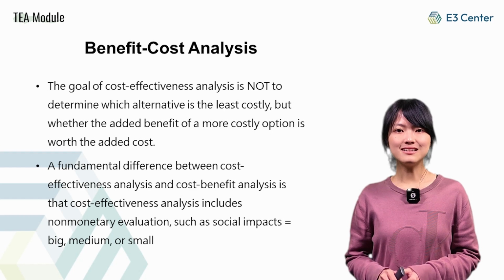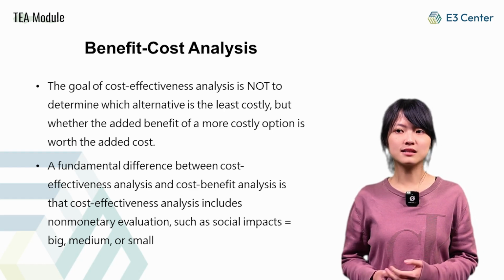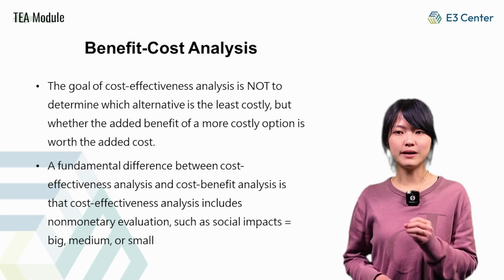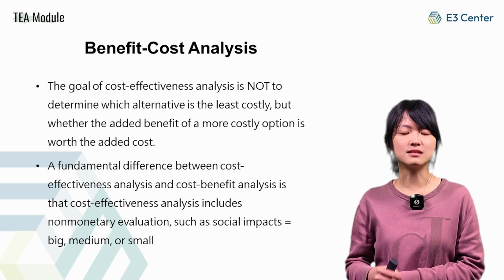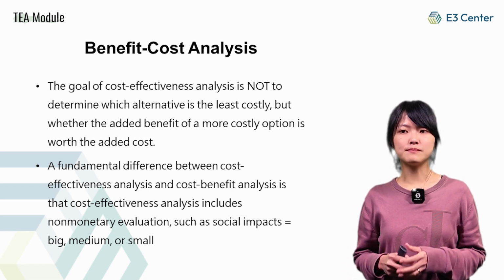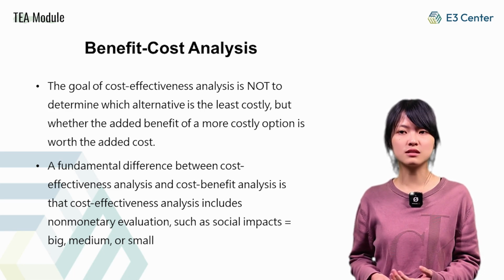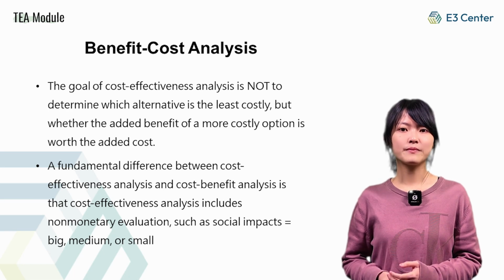effectiveness. It is crucial to understand that the goal of cost-effectiveness analysis, which often complements benefit-cost analysis, is not just about finding the least expensive option. Instead, it is about assessing whether the additional benefit of a more costly option justifies the additional expense.